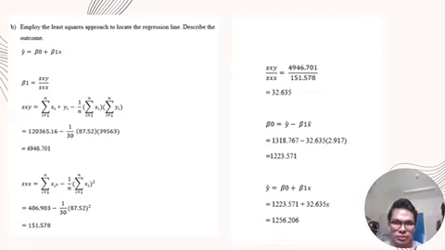For y hat equal to intercept of y plus the slope of the line times x, our intercept of y is 1223.571 plus 32.635, then you multiply by x, then you will get y hat.